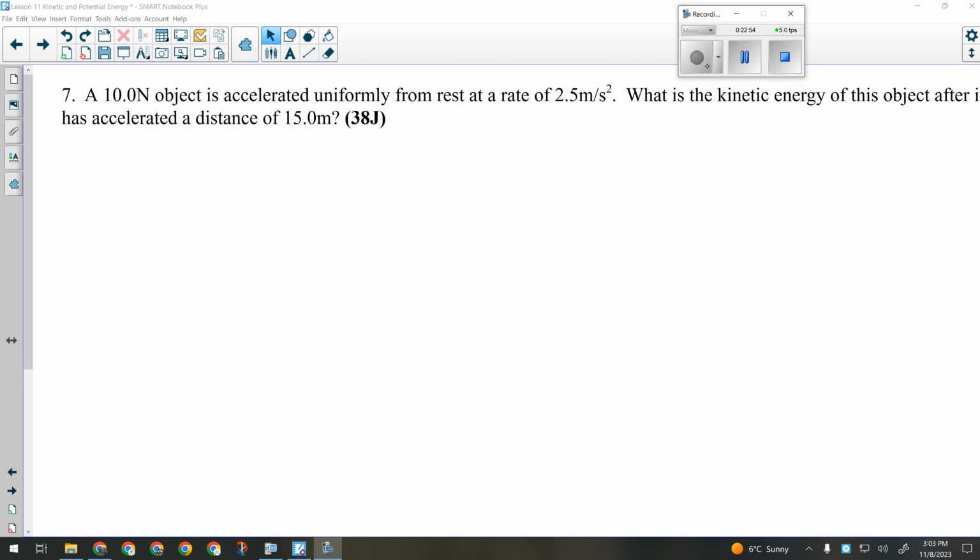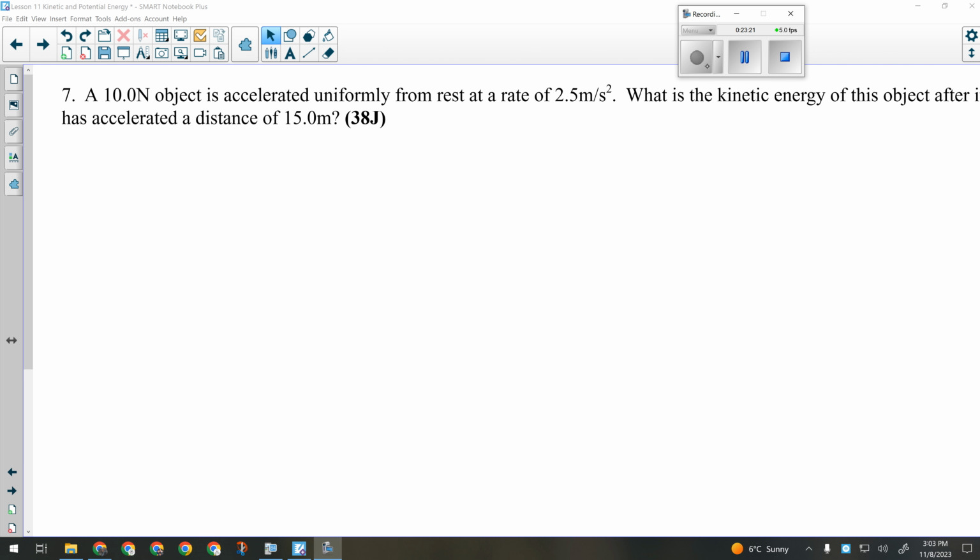If I'm changing the kinetic energy, what kind of force changes kinetic energy? What kind of force makes something's speed change? Acceleration. What kind of force creates an acceleration? F net. So can I calculate the net force in this question? I've got mass and acceleration, right?